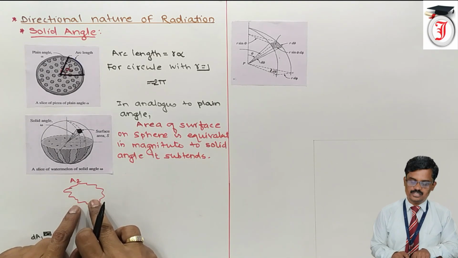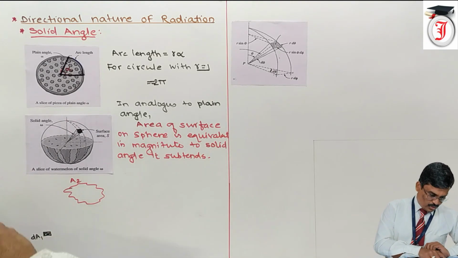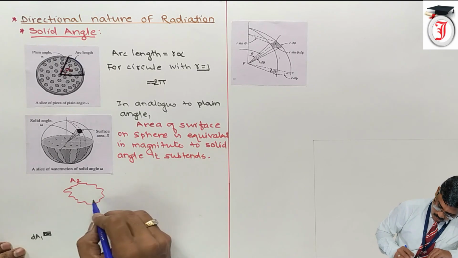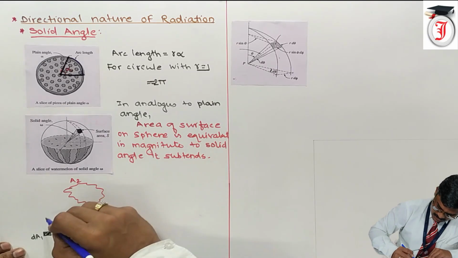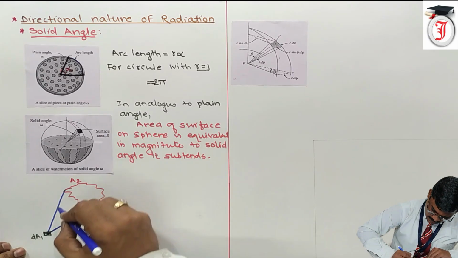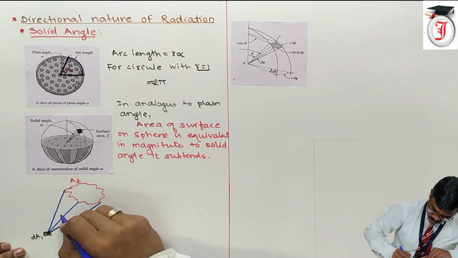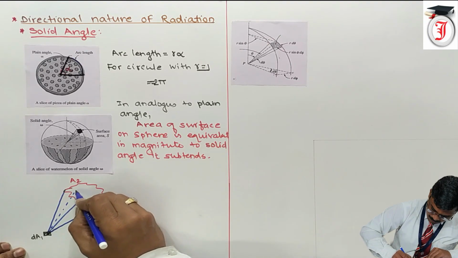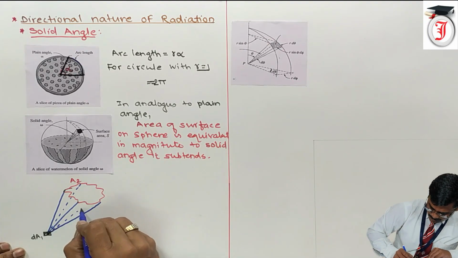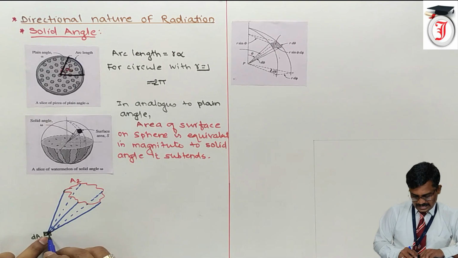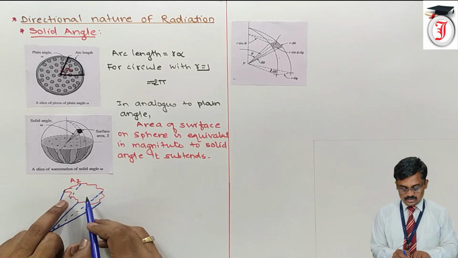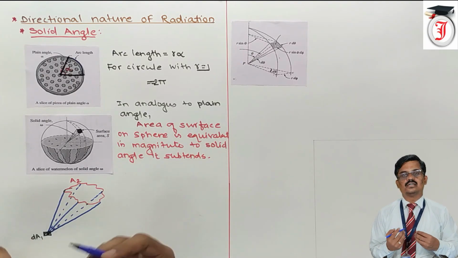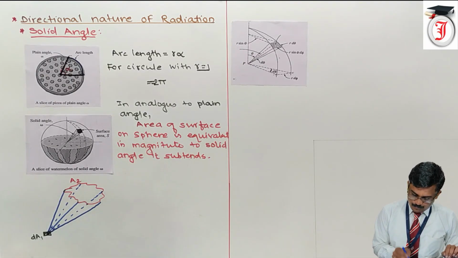When we join all the perimeters of the arbitrary surface to the elementary surface dA1, we form a conical shape having its tip at the elementary area dA1 and whose base is the arbitrary surface A2.